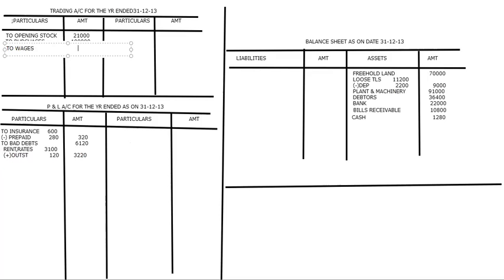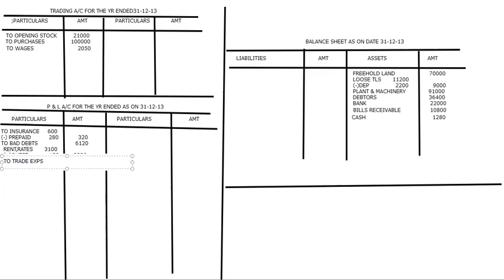So how much he gave wages? 2050 he has given. Then after wages he gave trade expenses. So just now I said, if any factory expenses is given, then it goes to the trading account, but nothing other expenses are given. He has just given as trade expenses. There is no office expenses. Then in such case, the trade expenses is treated as a sales expenses, and we are going to take in the P&L only.